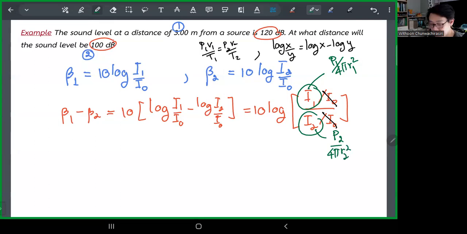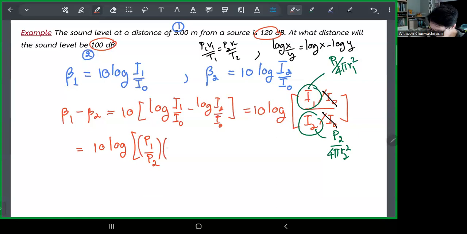Cool? With that, it's going to be 10 log. Now, that's a good thing about this: you can have a ratio of everything inside, and I can group the terms together for easy comparison. I can group P together, which is the ratio of the power.